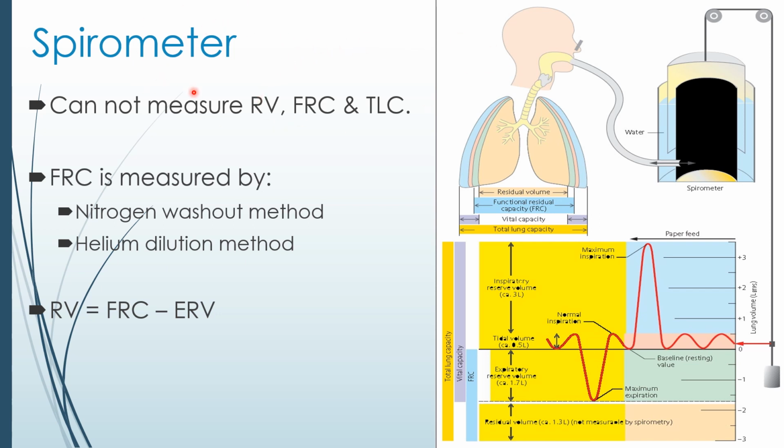The residual volume can be measured using other methods. There are two methods used to measure it: the nitrogen washout method and the helium dilution method.